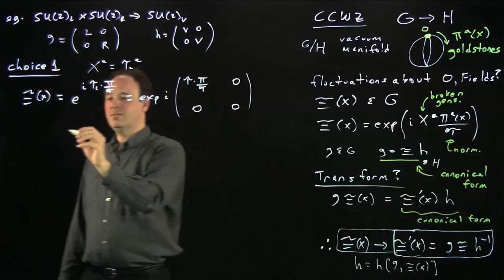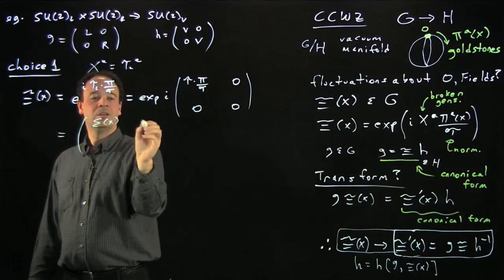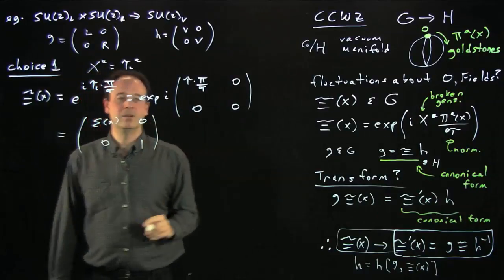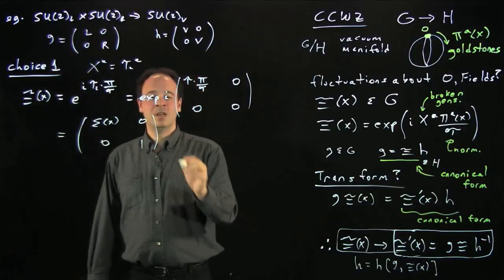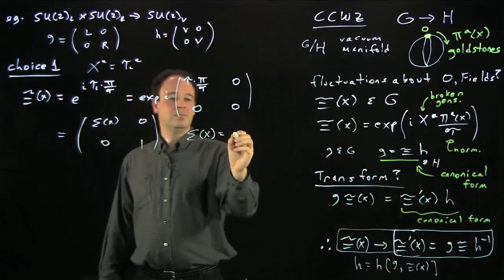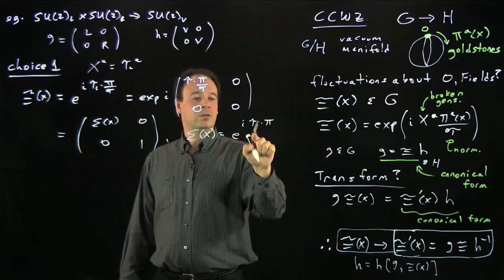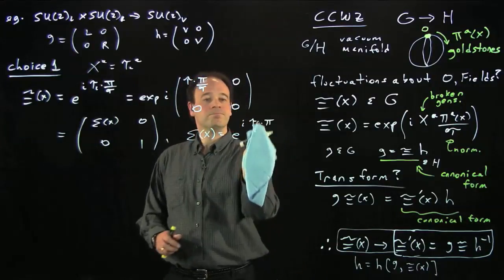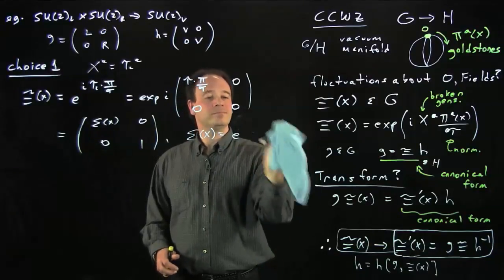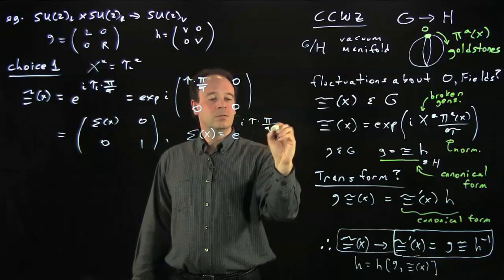It's a simple matrix. So if I actually work out the exponential, this is going to be some field sigma of x that sits in the upper left corner. And then I get 1 in the lower right corner, because e to the 0 is 1. So what we've done here is we've got a sigma field, and that sigma field is simply e to the i tau left pi over v.